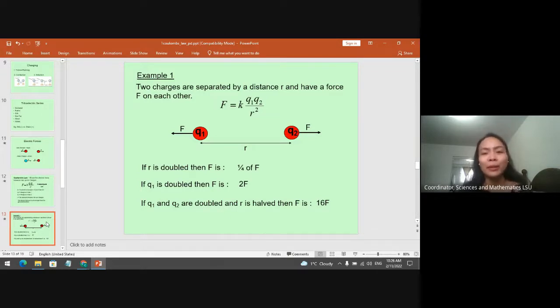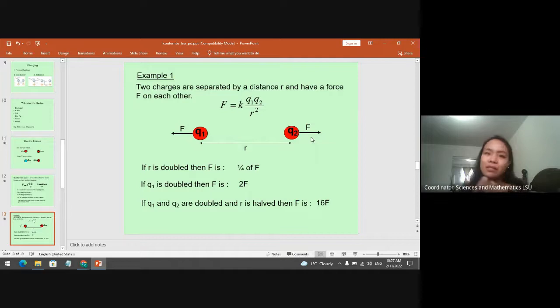All right, so let's have the first example. Two charges are separated by a distance r and have a force F on each other. So we have the two charges, Q1 and Q2, and they are separated by a distance r. Now, what must be the charges of Q1 and Q2?